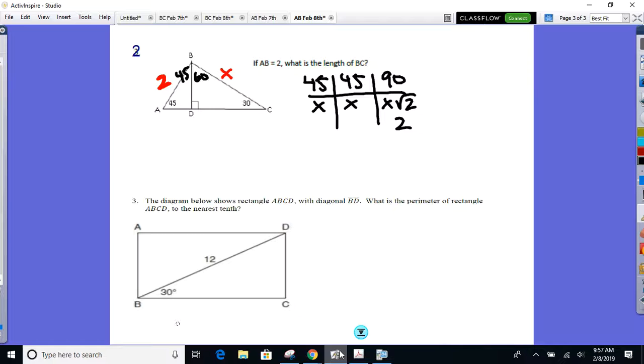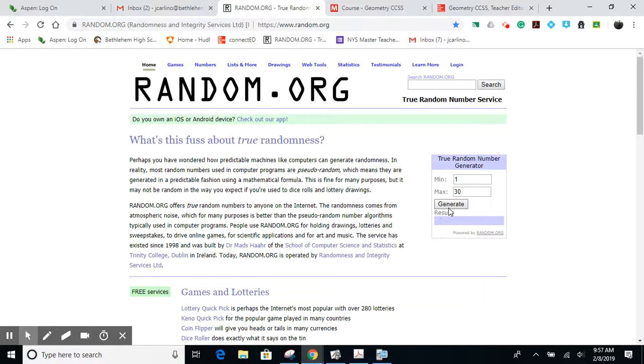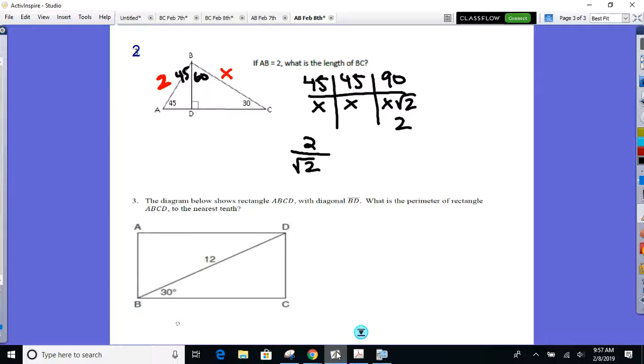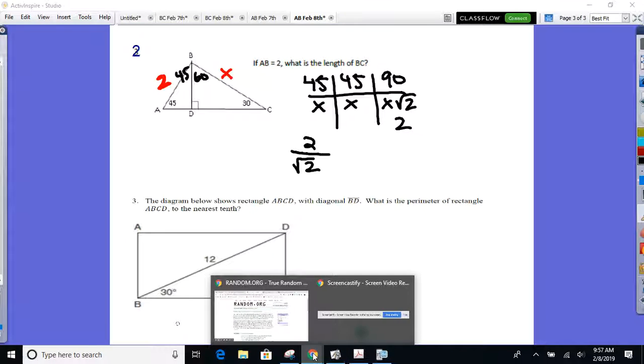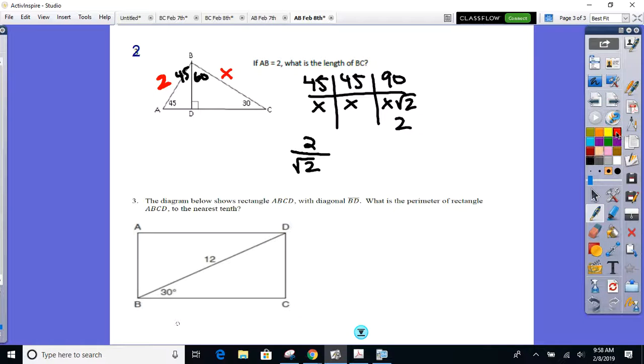Divide by radical 2. So I'm going to take 2 and divide by radical 2. From what we just did in the previous problem, how do I get that radical out of there? Multiply top and bottom by radical 2.